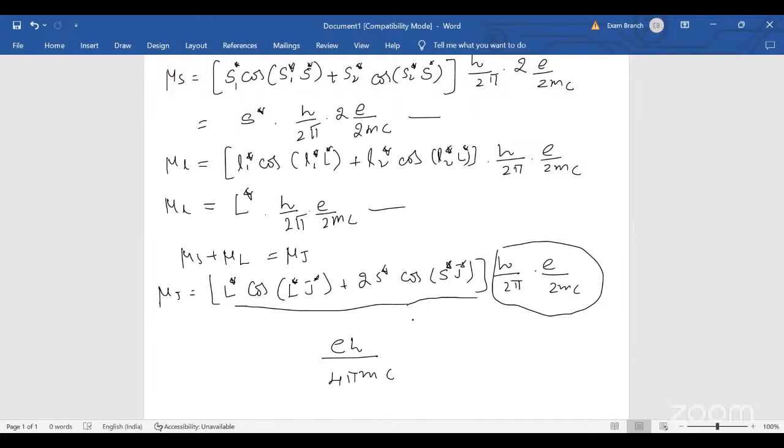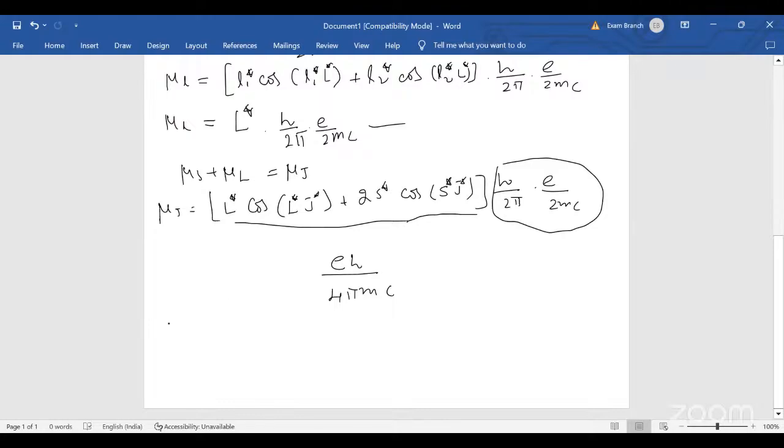So now what we'll do is we'll replace these terms with G and J. The terms within the brackets, mu J in the units of Bohr magneton, that is e h by 4 pi mc. Now we'll replace the terms in the brackets by G times J. So mu J is equal to G times J.